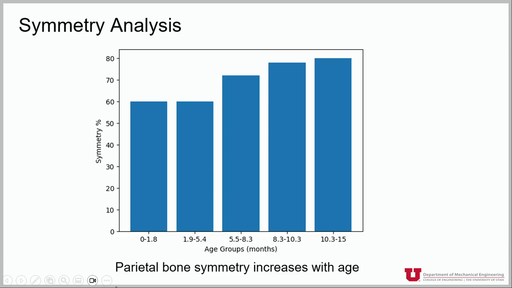So that's what the 60% means. So in the youngest age group, 60% of the locations were not significantly different, but 40% were. And that number of significant differences within an age group decreases as you get older. So the symmetry of an infant's skull was actually not a great assumption at the younger ages, but probably gets better as you go through age. So again, some of those age-related effects.